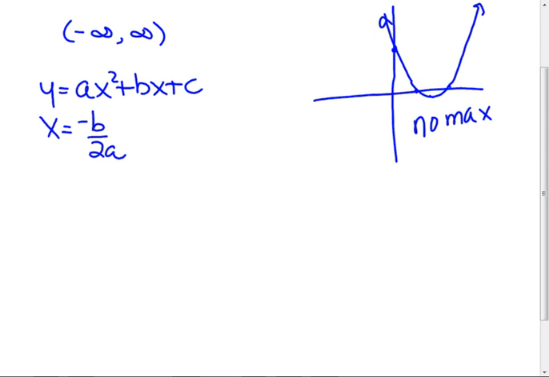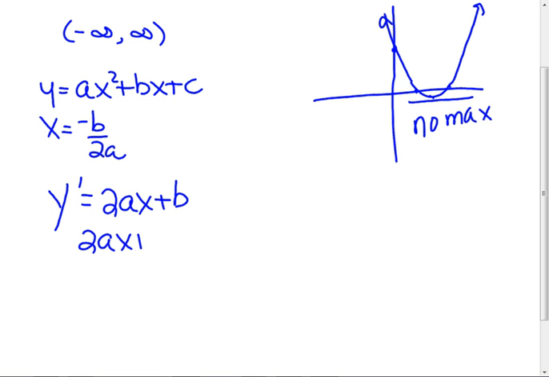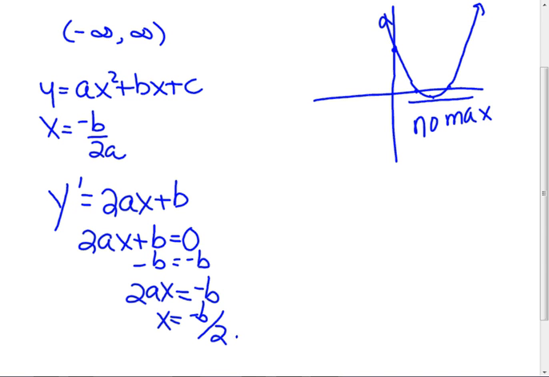What's true about the vertex? The slope is what? So what's y prime? 2ax plus b, and that has to equal 0. Subtract b. So 2ax equals minus b. What's x equal to? Minus b over 2a. We just gave that to you, but that's where it comes from.